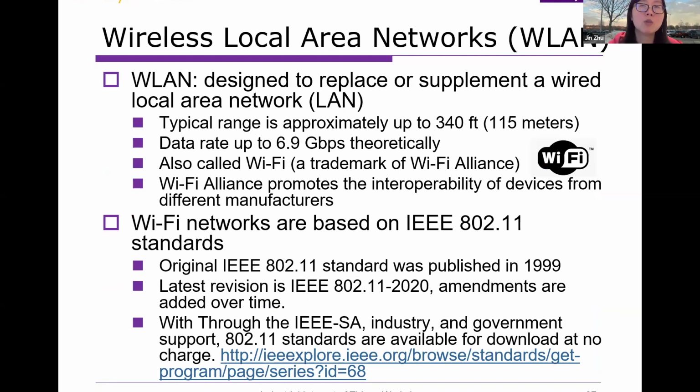Typically, the range for a wireless LAN is up to 340 feet or 150 meters. The data rate with the latest standard can support up to 6.9 Gbps theoretically. I don't think those are available in the market yet.